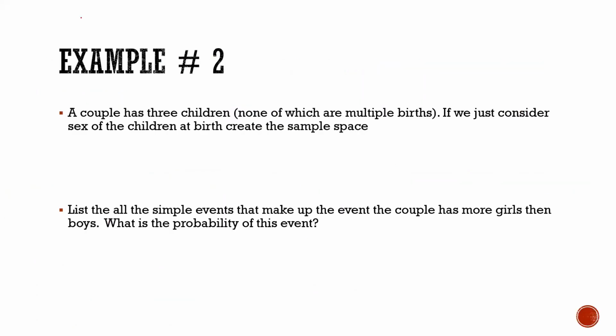So a couple has 3 children. You know, there are intersex people, and gender is a spectrum, but most people are at one end or the other. So to simplify this, we'll just say that every child is either a male or a female at birth.